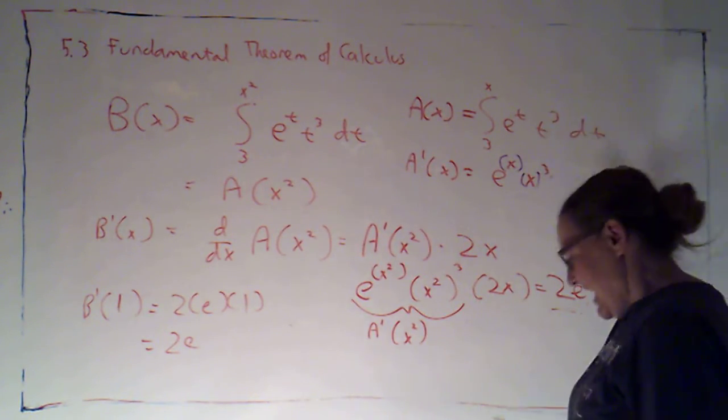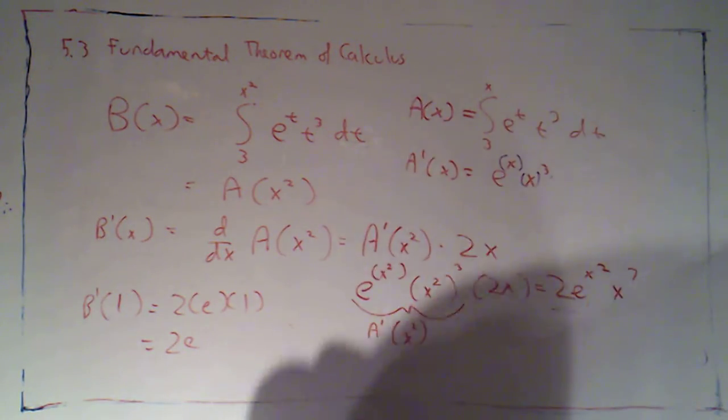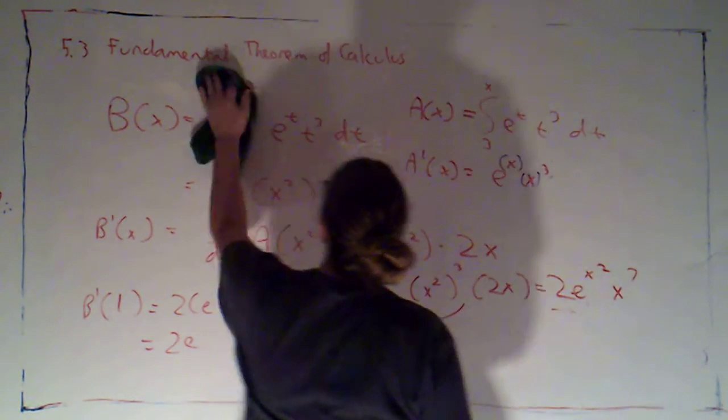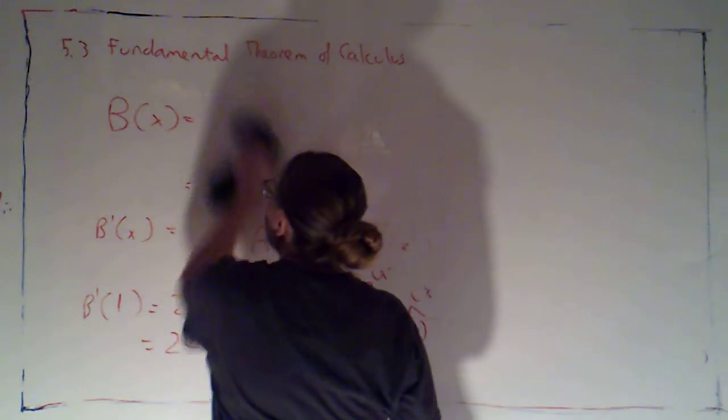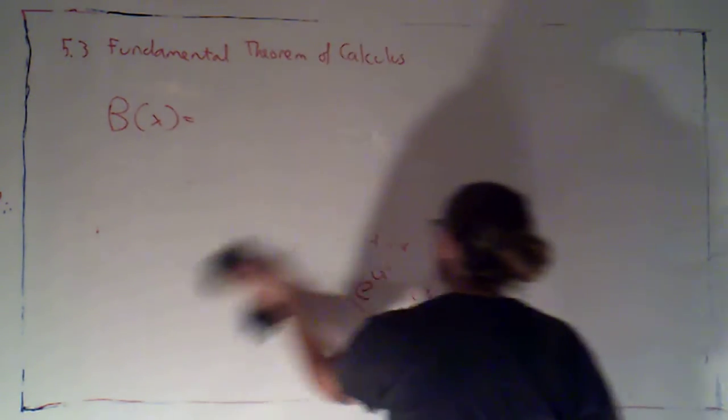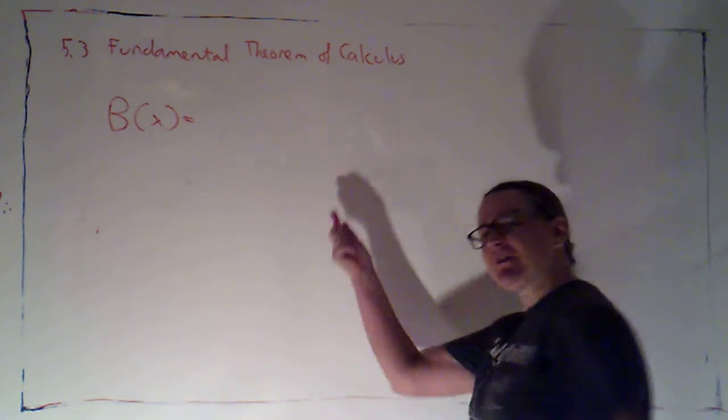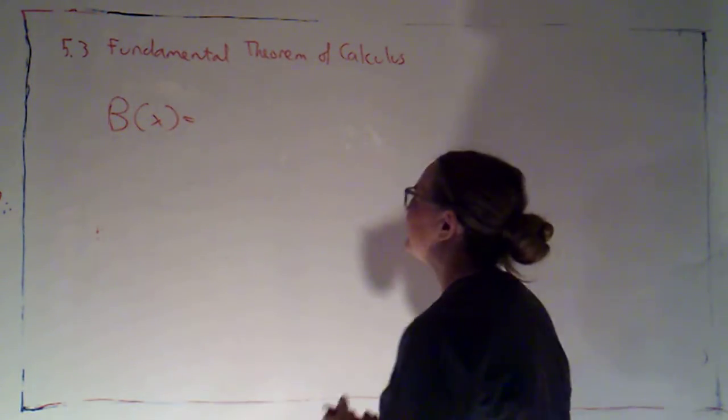Okay. I'm going to put another one up on the board, and then we'll start the next video by going over this. But your job between now and watching the next video is to give this one a shot. See how you do. Okay.